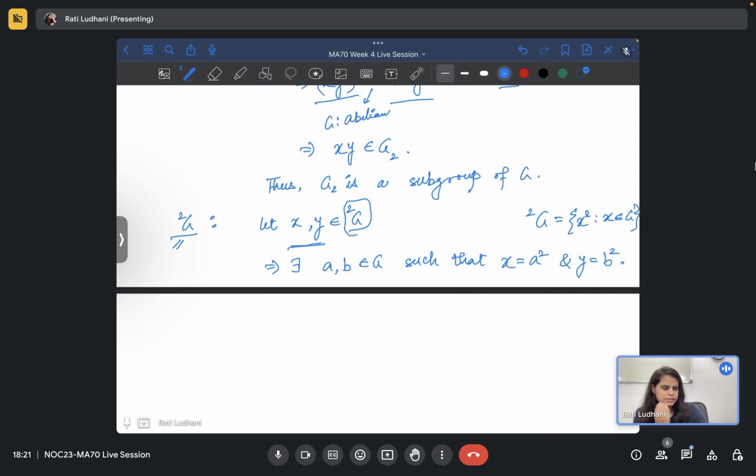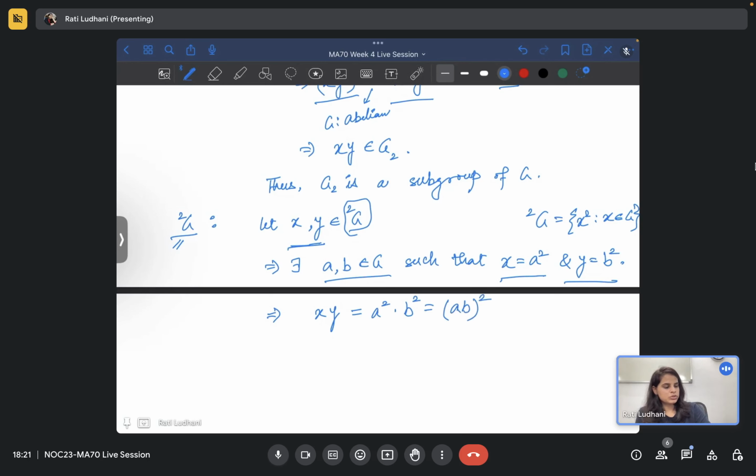So let's see, because now you know that there exist a, b belonging to G such that x is equal to a square and y is equal to b square. Now we are interested in the product xy. We want to prove that xy belongs to 2G. So we should be able to write it as a square of some element of G. So let's see what it is. Since xy is given by this, we have (ab) square.